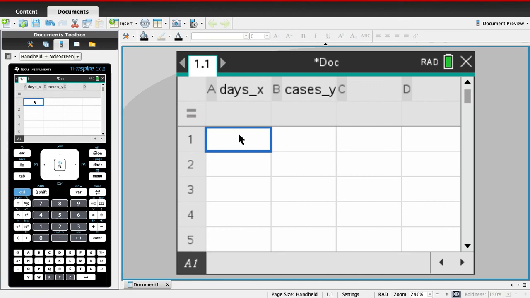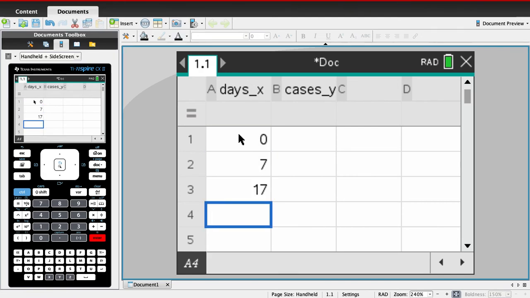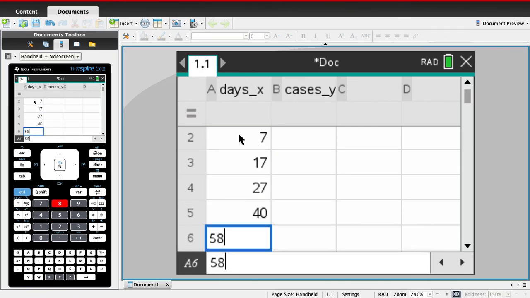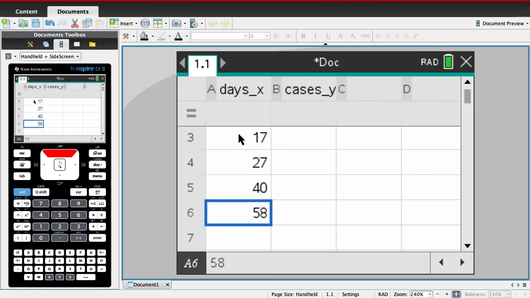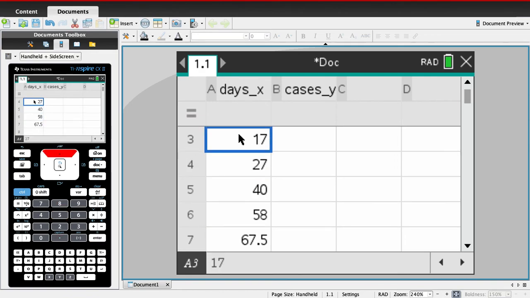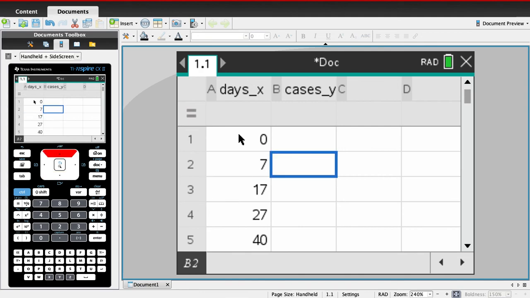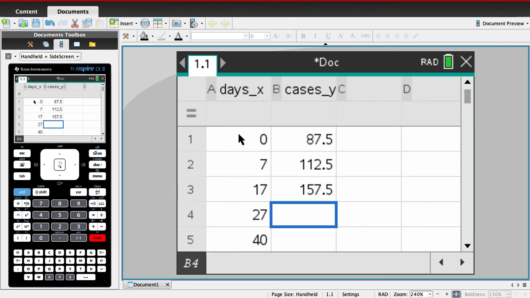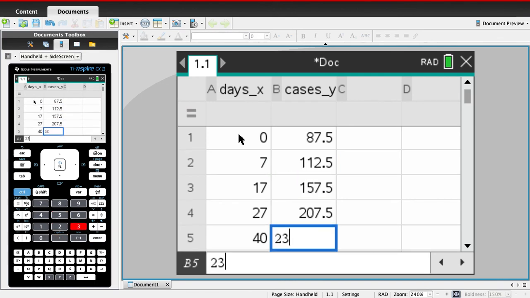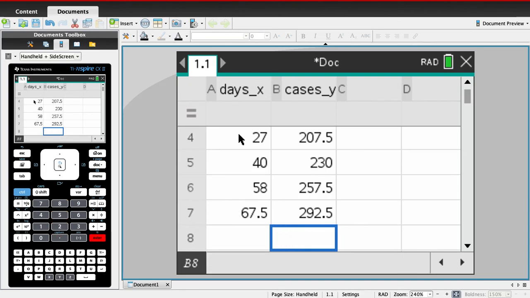So I'm going to type them in. All right, so I got my x values in, and I have my y values in.